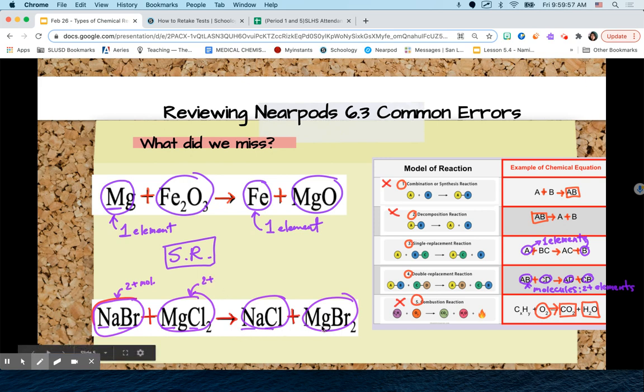Capital N, capital C, two more elements, so a molecule. Capital M, capital B, two or more elements. So all of these have two or more elements, so I am looking at a double replacement, right? Because each one of these is a molecule.